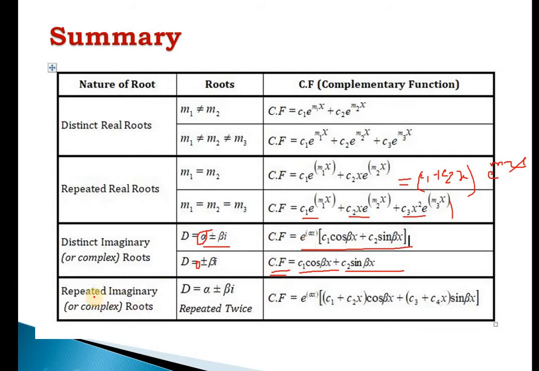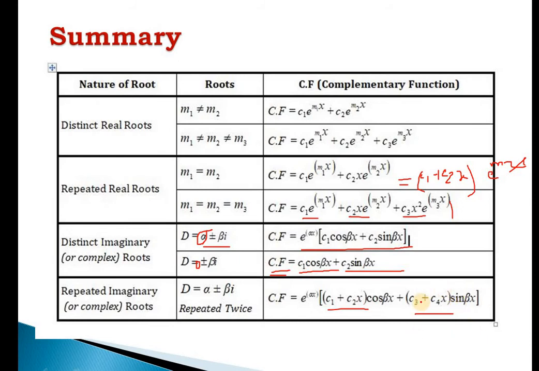And if the roots are imaginary or complex and repeated, in this case we replace this C1 by C1 plus C2x and this C2 by C3 plus C4x. If it occurs three times, then it is C1 plus C2x plus C3x square, and C4 plus C5x plus C6x square, this type of term we add.